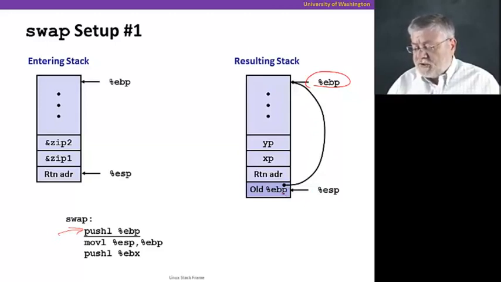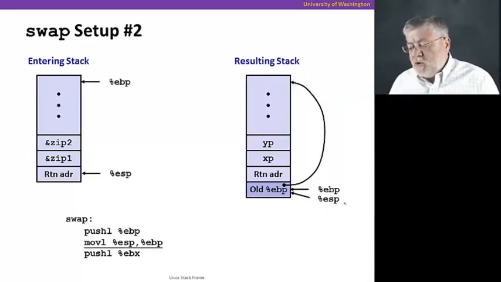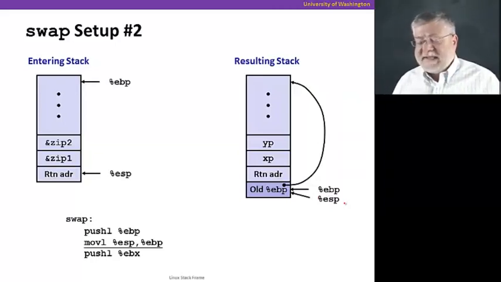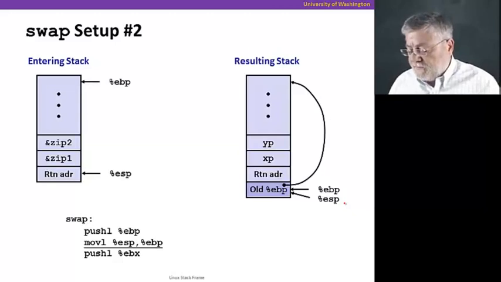And of course the push instruction also changed the value of ESP to now point to this new top of the stack. The next instruction is a move instruction that takes the value of ESP and moves it to EBP. This is setting up the new base pointer for the new stack frame for the swap procedure.